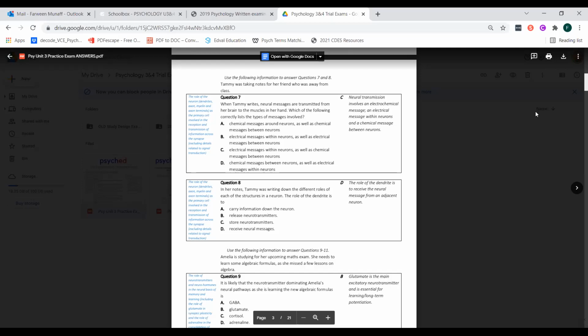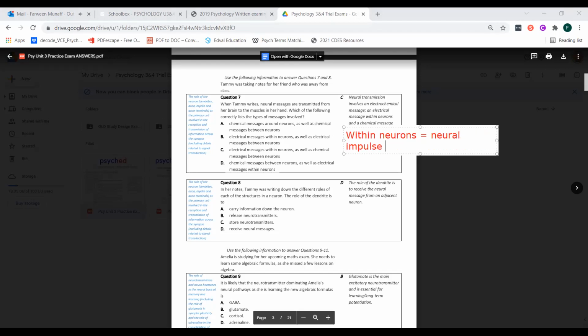The reason the answer is C is because when we're talking about within neurons, remember we say within the neuron, as we're going through a single neuron from the dendrite to the axon terminal, does anyone remember the nature of that neural impulse? Is it electrical? Is it chemical? Is it electronic? What is it?